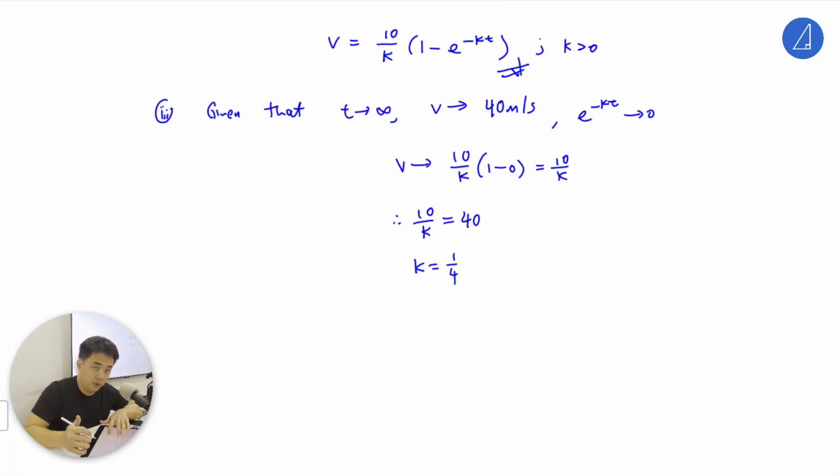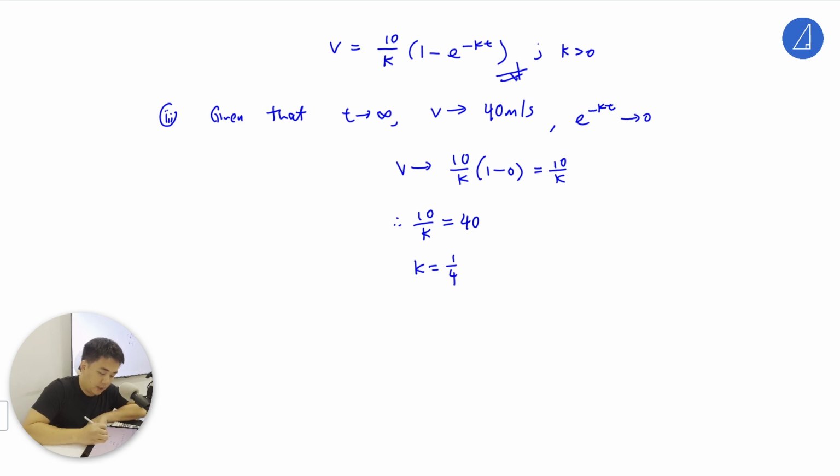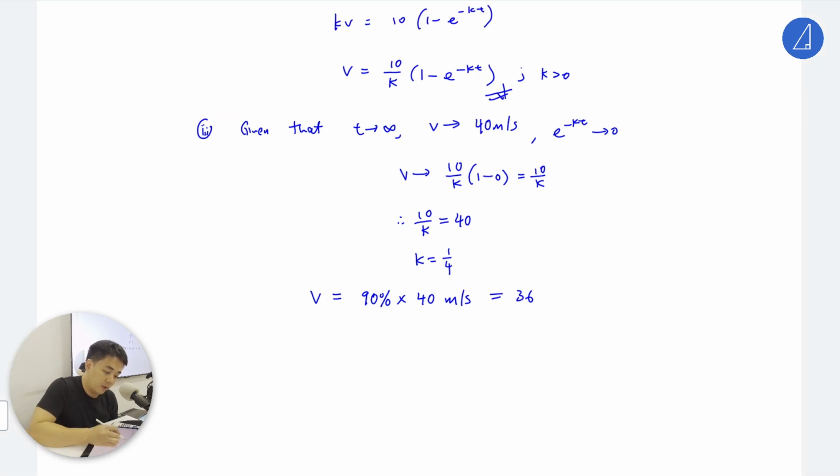So what we ask ourselves is, at what time is the velocity equal to 90% of terminal velocity? What is the time taken? You just take 90% times 40, which is 36. Now with the k and this equation, we can solve for t.